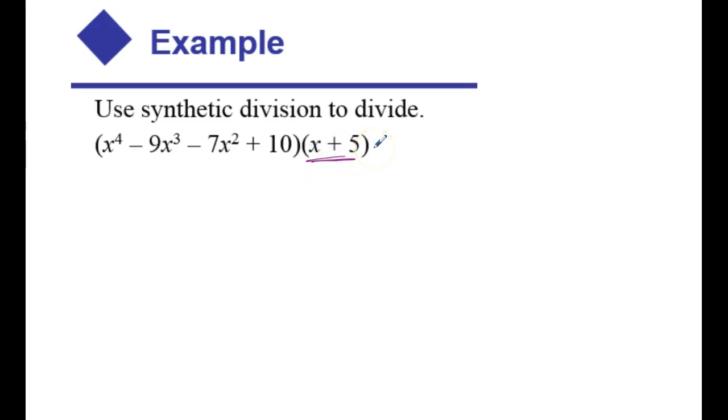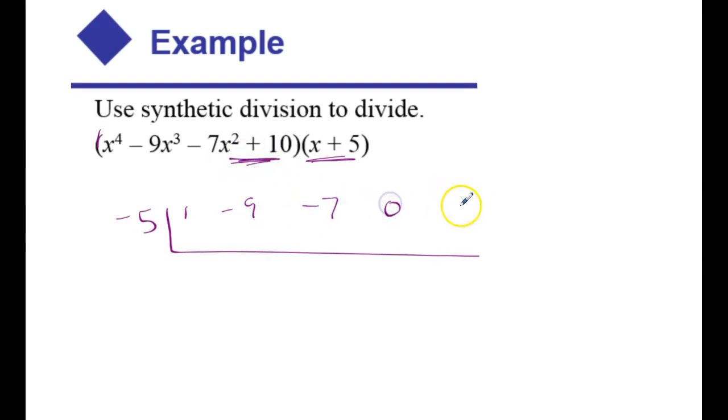If the factor is x plus 5, I'm going to synthetically divide by a negative 5. The coefficients here are 1, negative 9, negative 7, and be careful, there's no x term, so I'll create a 0 for a placeholder. And last, I'll have the constant of 10.